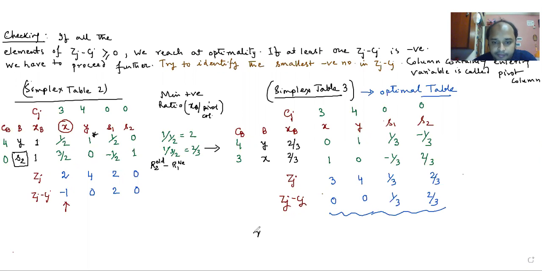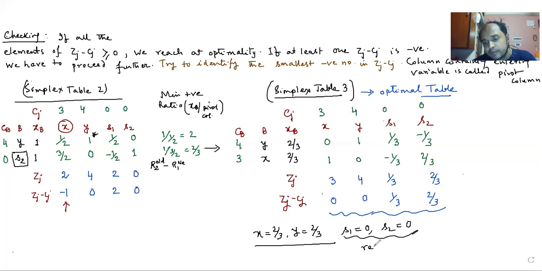X has become 2 by 3 and Y has become 2 by 3. In this solution space, since S1 and S2 are not present, S1 and S2 have values 0 because they are removed from the basis.